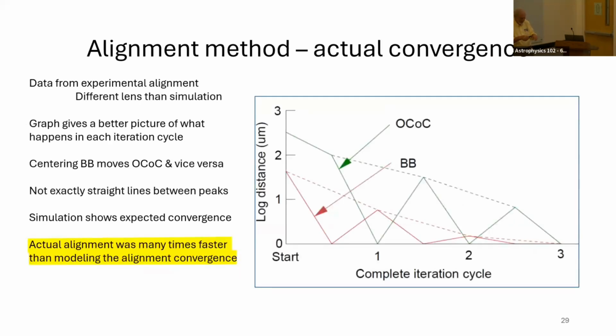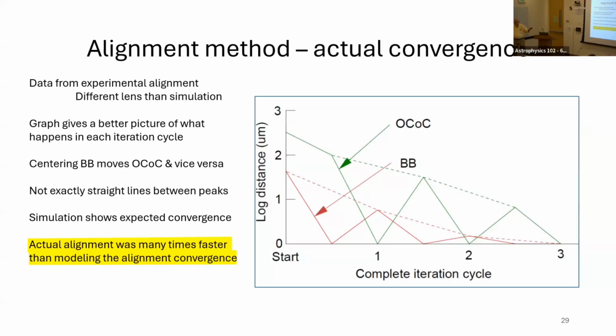This graph is of that alignment, where I first corrected the Bessel beam, which improved the optical center of curvature somewhat. Then I centered the optical center of curvature, which misaligned the Bessel beam, and so on. But it converges, and this is log of microns, so I'm down to sub 1 micron alignment at this point.